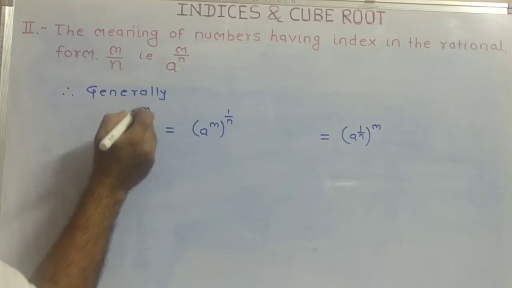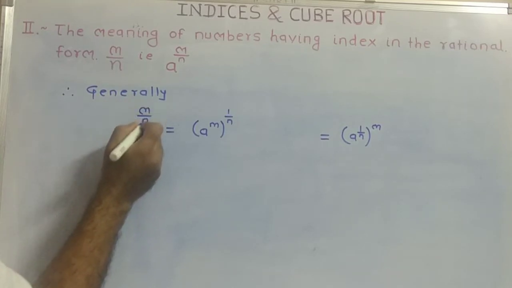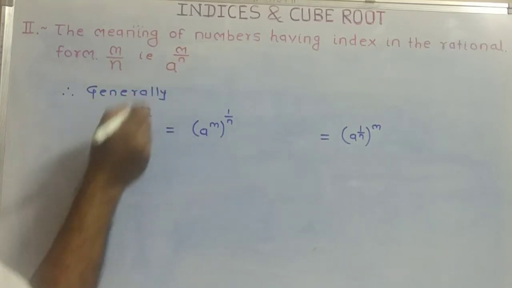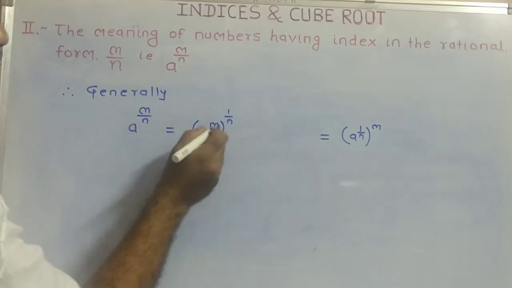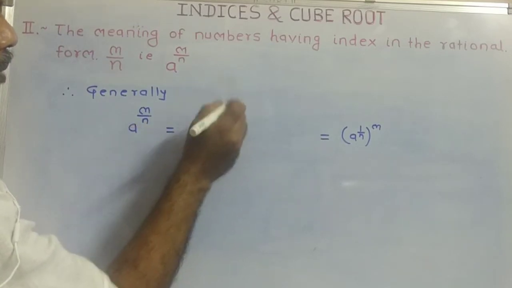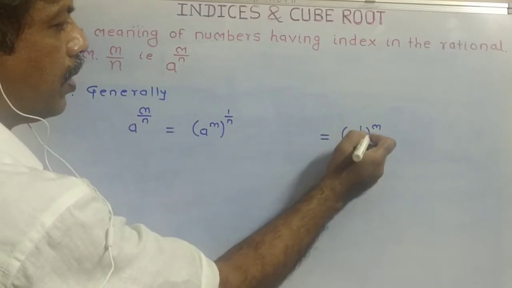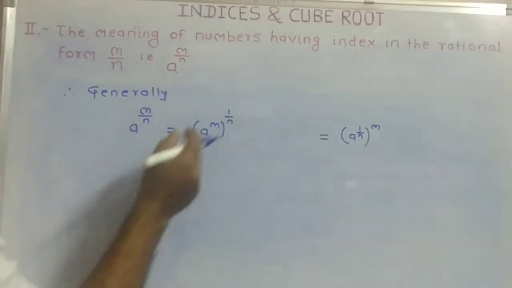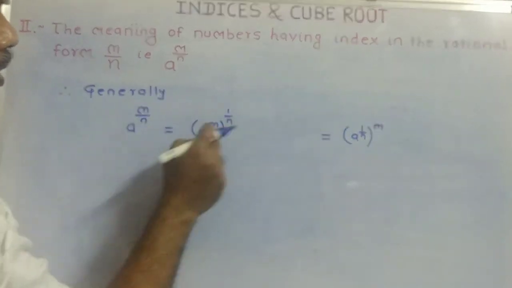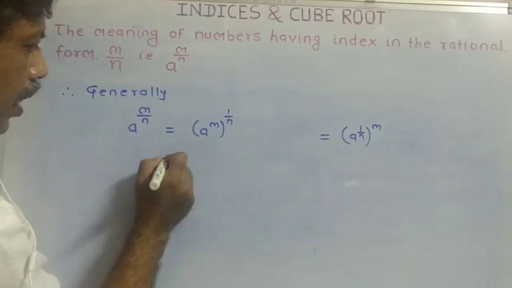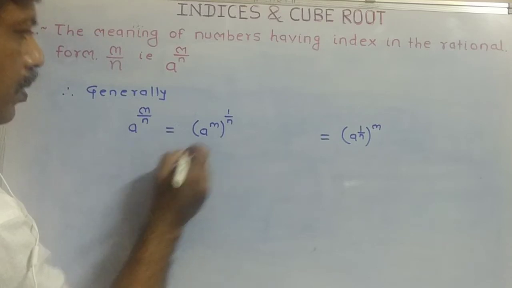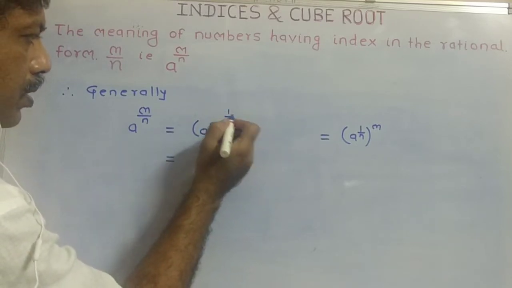Therefore, generally a to the power m upon n, that is this form, can be written as a to the power m to the power 1 upon n, which is equal to a to the power 1 upon n to the power m. Now we have to write this form in terms of statement. How can we write it? 1 upon n means root.